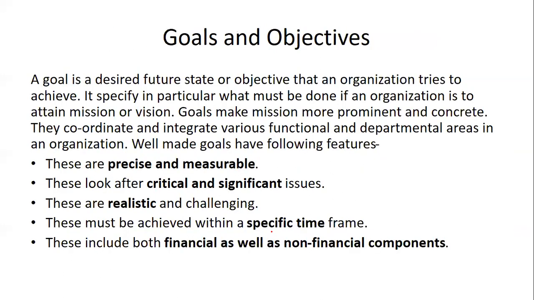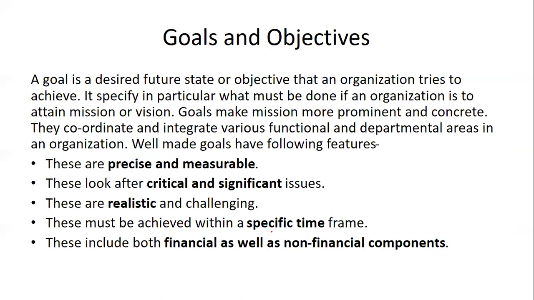Now, next comes the part of strategic intents and goals and objectives. Goals are nothing but a future state of an organization. It specifies that the organization should attain the mission or vision. So goals make the vision more prominent and concrete. They coordinate and integrate various functional and departmental areas of the organization.